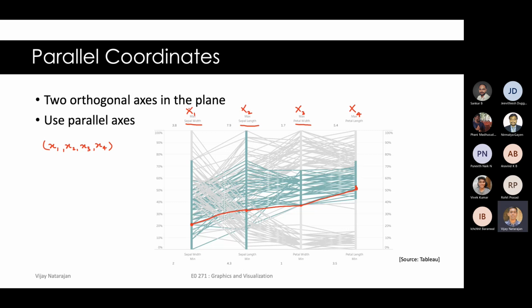Now, there are many properties that naturally follow due to this representation, but I'll go through them one slide at a time. Before that, let's quickly see one of the benefits of parallel coordinates. Instead of looking at points, I need to look at polylines and how they collect together, right?